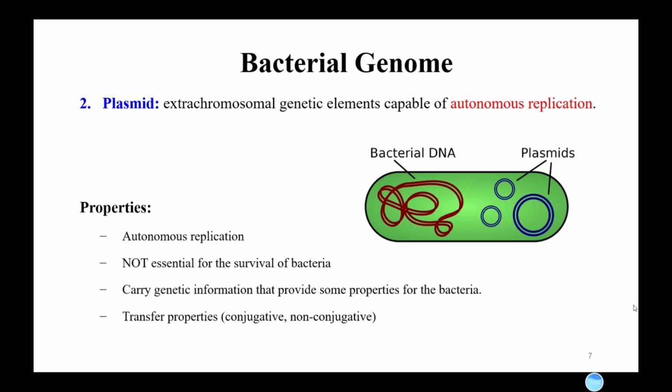But if you remove the plasmid, the bacteria still survive, but will lose the resistance property. And also, some plasmid can be transferred from one cell to another through different ways, for example, through conjugation or transformation. That's a different method for gene horizontal transfer. We'll talk about that in detail later.